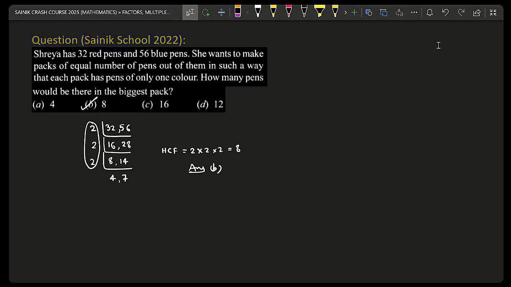Suppose you have 32 red pens and 56 blue pens. What you want to do is pack them in different packs, but in every pack you want same colored pens. You don't want a mixing of colored pens. Okay, sir. Suppose 32 red pens are there. Can you pack in 4 packs? Yes, sir. And in each pack, how many you will get? Sir, 8. Is 8 a factor of 32 or not? Yes, sir. That's why it is creating factors. So we have to go for HCF.